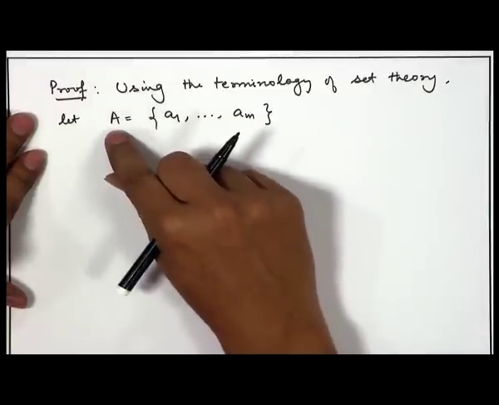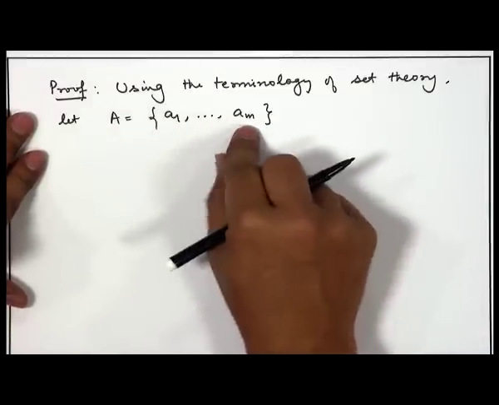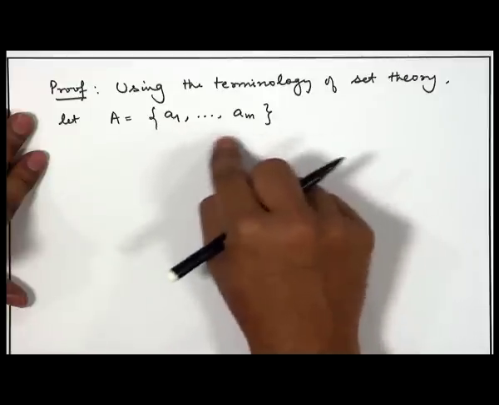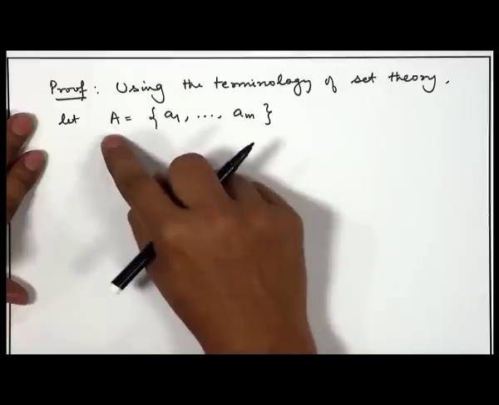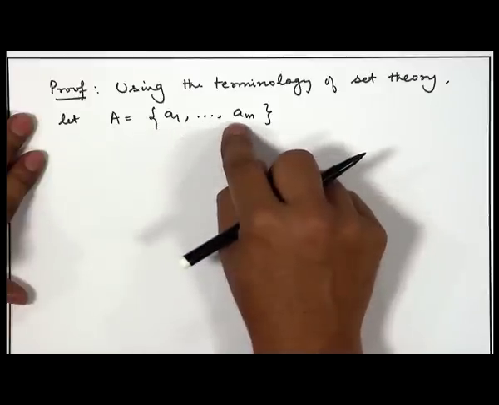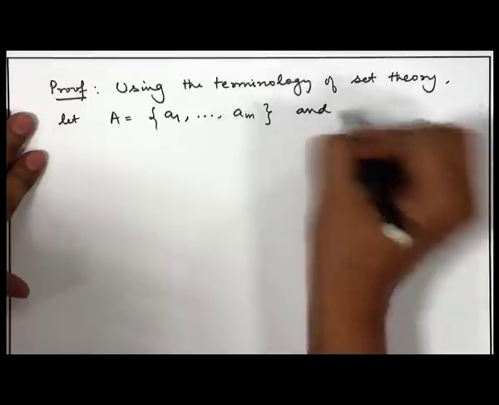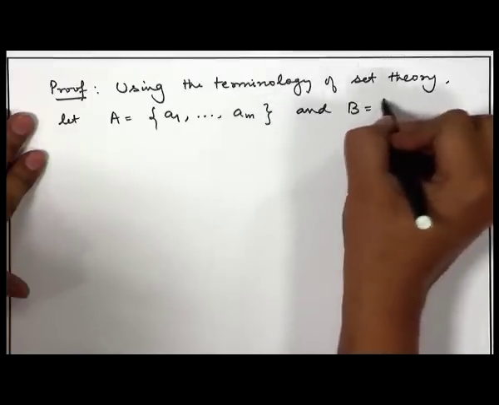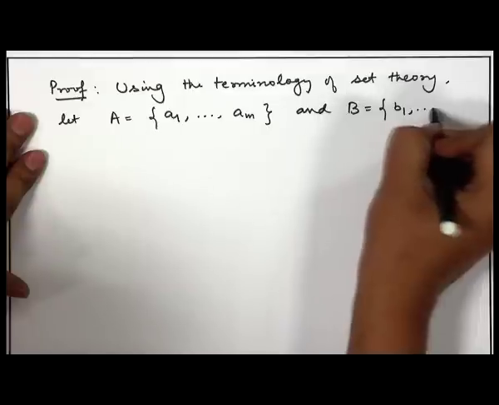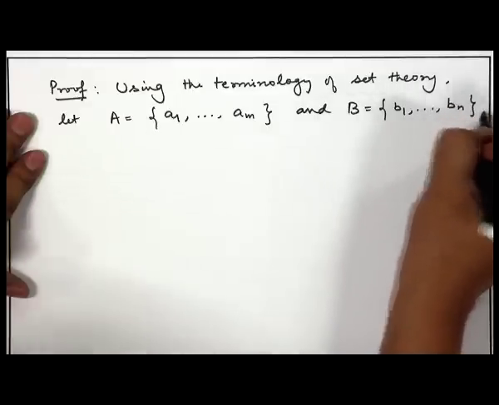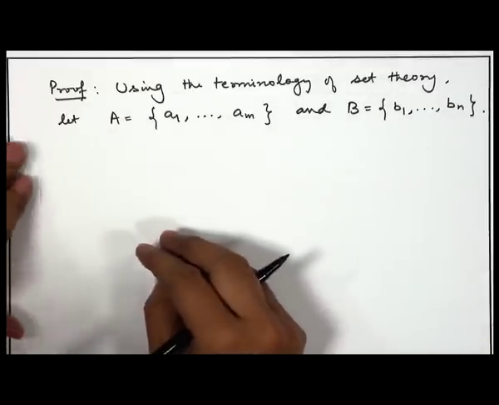So, for an event A to occur there are m ways. So, we describe it in this particular fashion that A is a set consisting of m distinct elements a1, a2, am. And similarly, let us write the set B as consisting of elements b1, b2, bn.